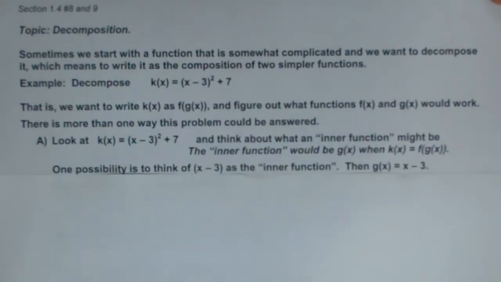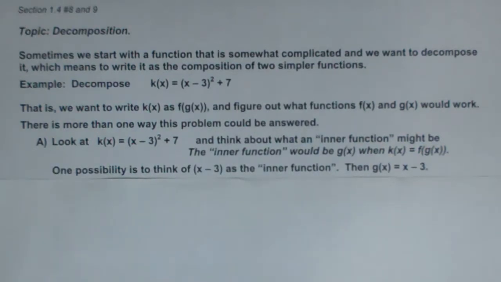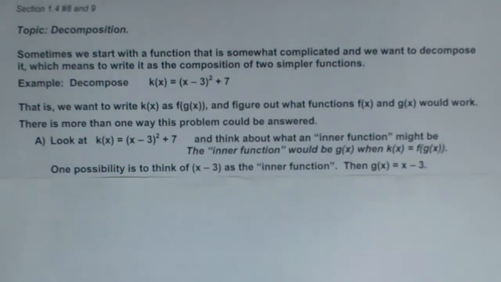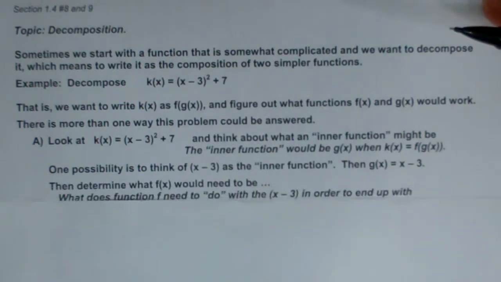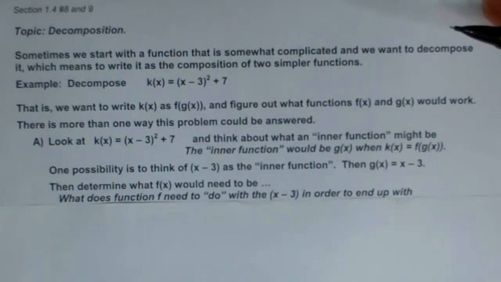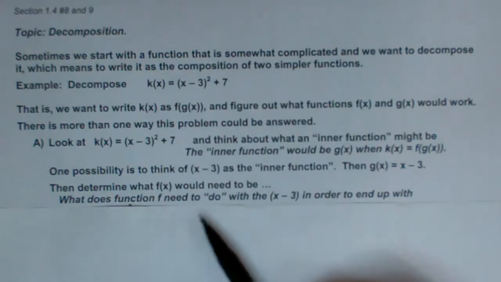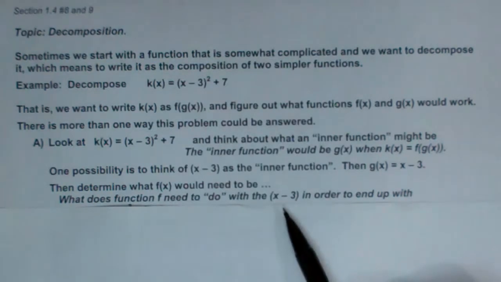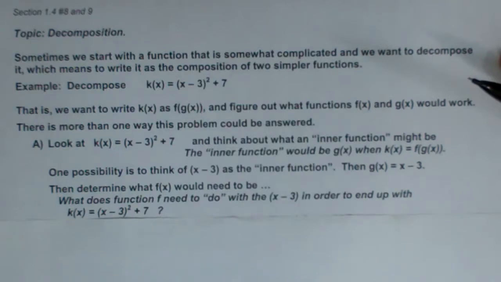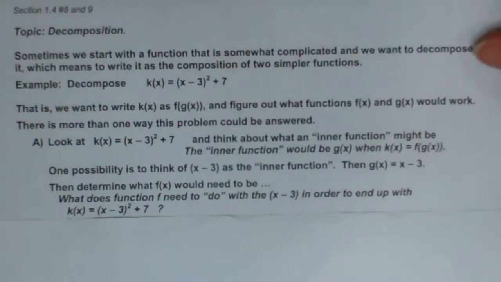You see how g of x is the inner function there. Looking at the expression for k of x, somebody might think, well, the first thing that gets done with the x is that you have x minus 3. And so x minus 3 could be that inner function. That is, g of x would equal x minus 3. Then we have to determine what f of x would need to be. So what does the function f need to do with the x minus 3 so that we would end up with k of x, (x minus 3) quantity squared plus 7?